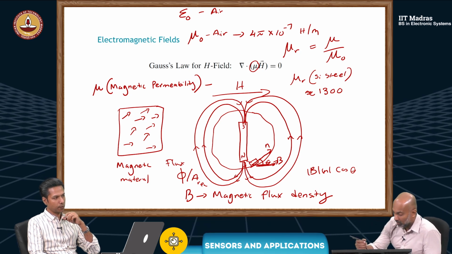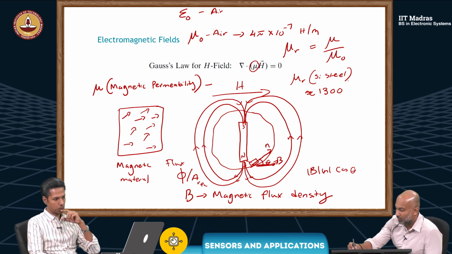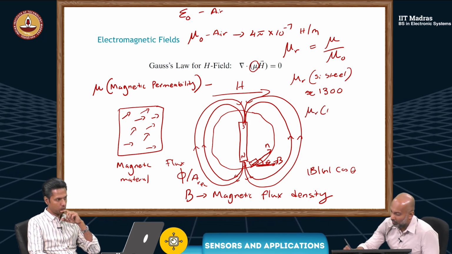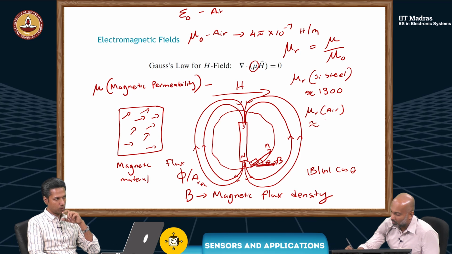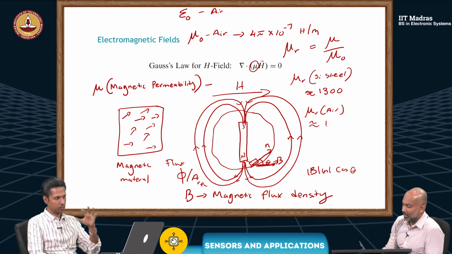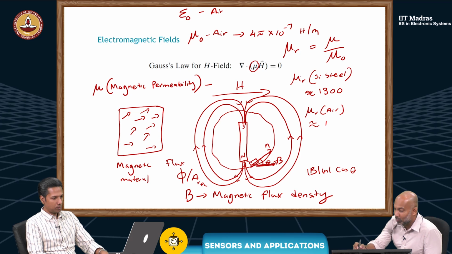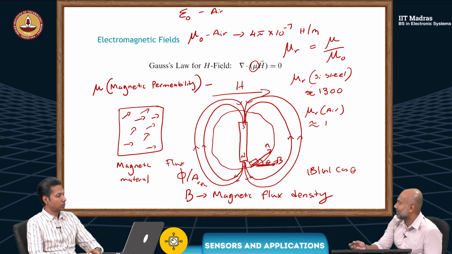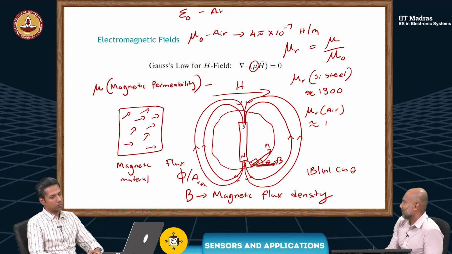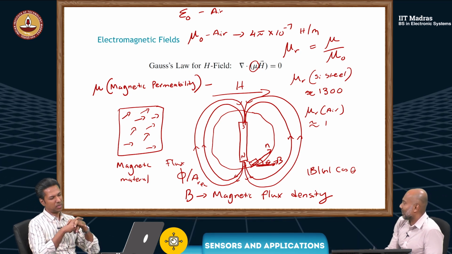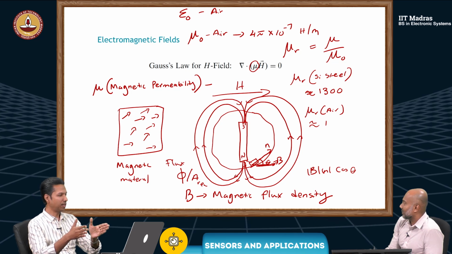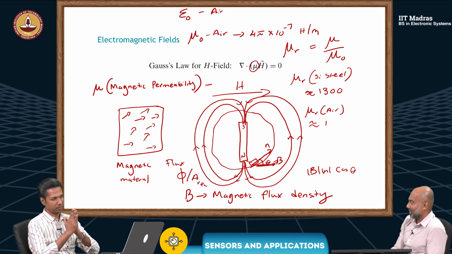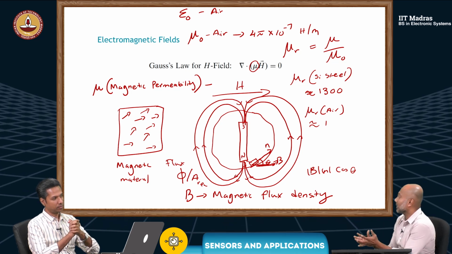Just for comparison, mu R of silicon steel is 1,300, and mu R of air is very close to 1. Similarly, if you look at the electrical permittivity of these materials, maybe it is quite low. It may not be applicable because these materials may be conductive.